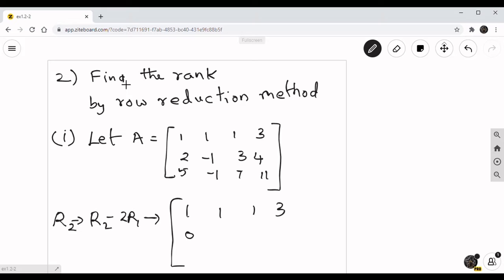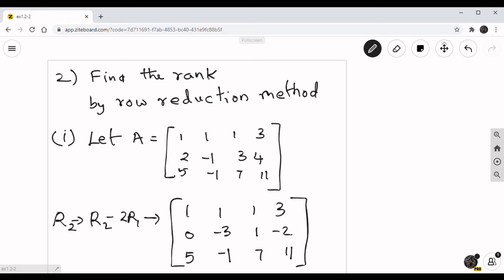Minus 1 minus 2, so it is minus 3. 3 minus 2, 1. 4 minus 6, so it is minus 2. We are not disturbing row 3, so just write row 3 as it is.